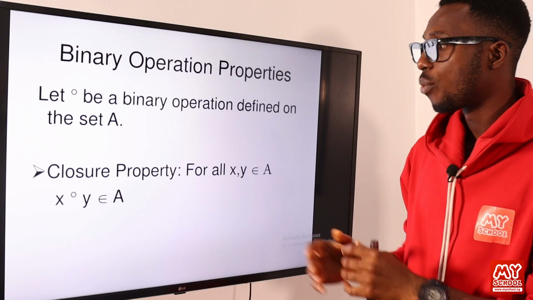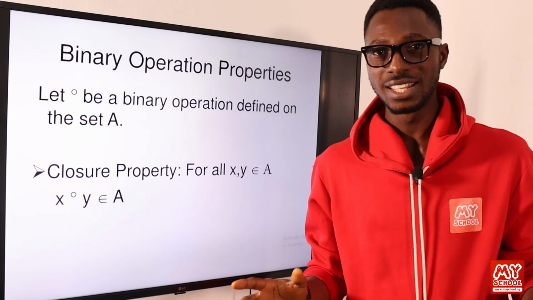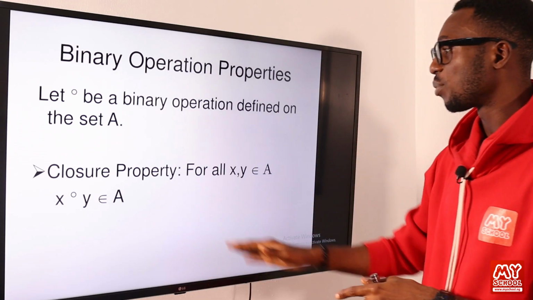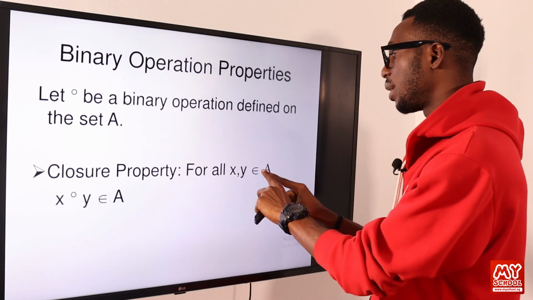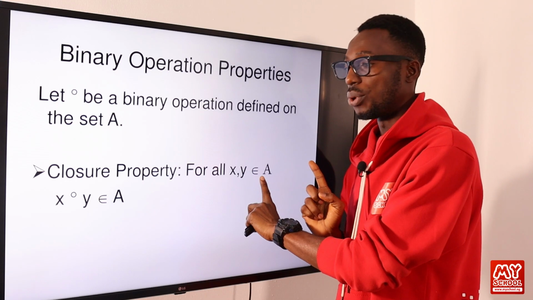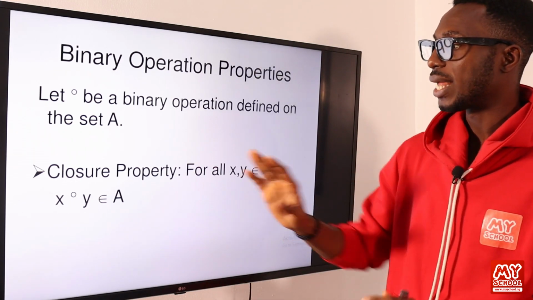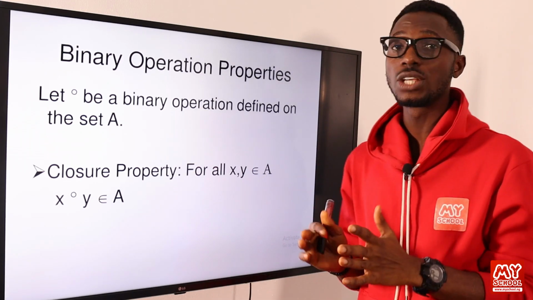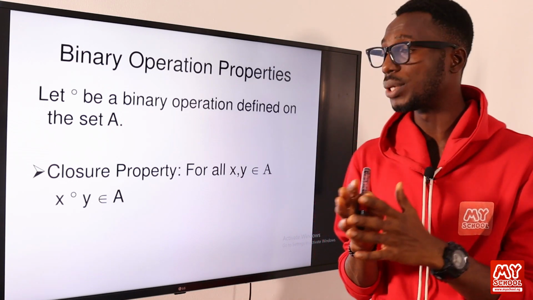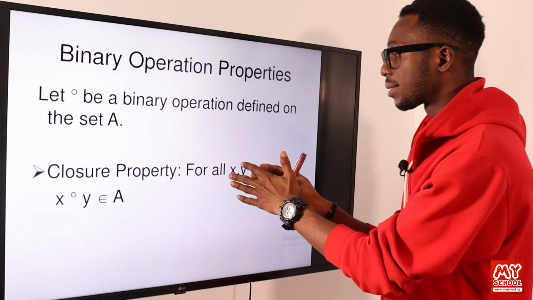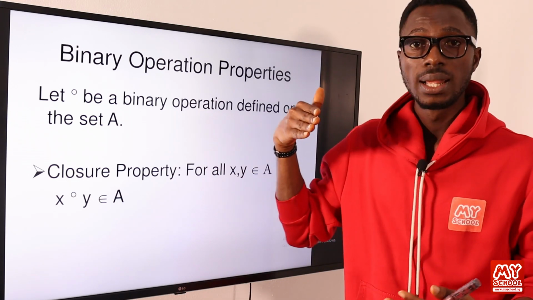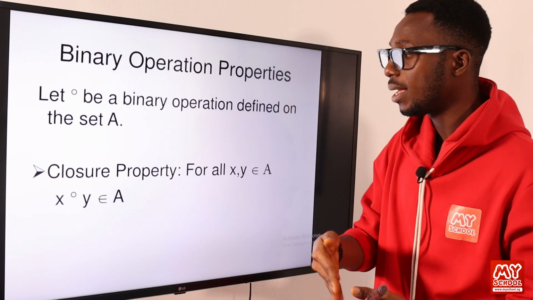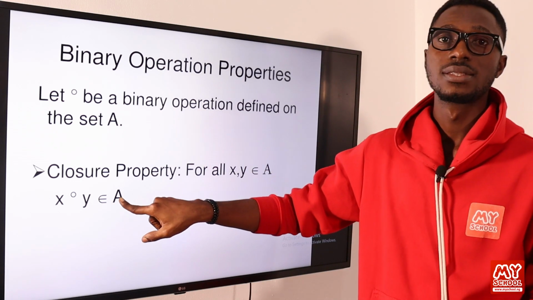At first, we are going to consider the closure property. The closure property is just telling you that for all x and y that are members of set A, look at this expression. Whatever rule of combination you give to x and y, it is going to produce another member that should be a member of this set.